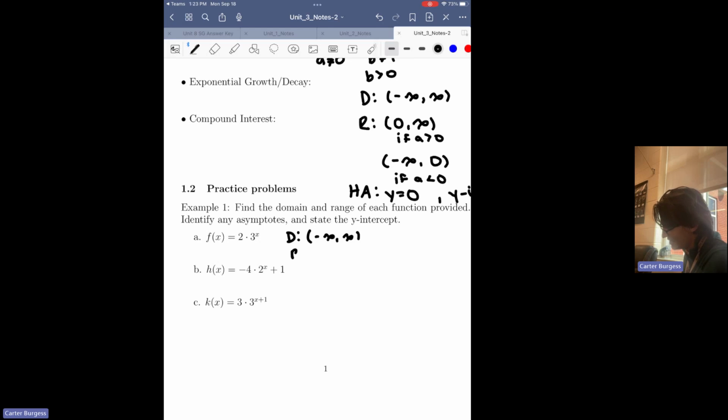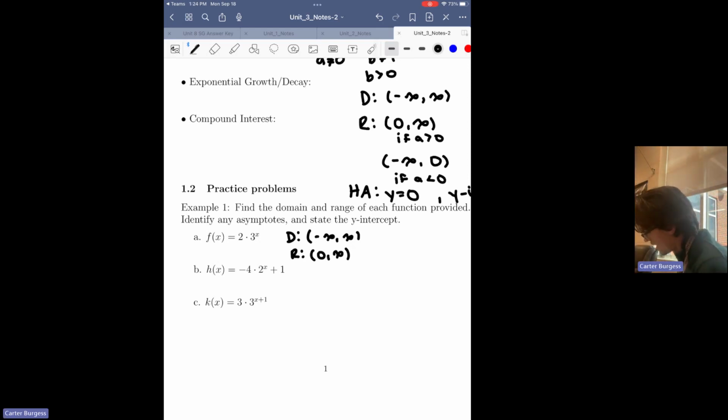Looking at the range here, what is our range going to be? 0 to infinity. How did you know that, Sumaran? A is greater than 0. A is positive. We're going to have a positive number times a positive number. That's great. And then also importantly, notice no vertical shifts. So the range, those y values aren't being adjusted in any way. And so it follows our parent function pretty much to the T.